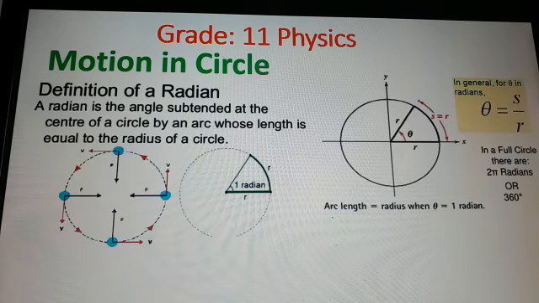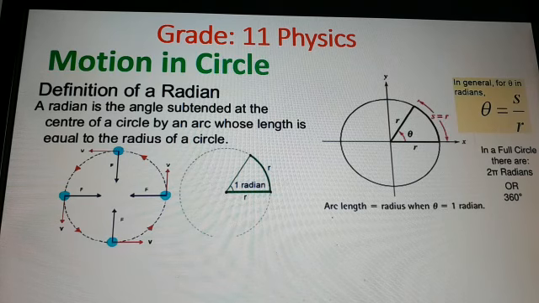Here in circular motion we measure the angles in radians. The angle of a complete circle is 360 degrees. According to circular motion, one radian is defined as the angle subtended at the center of a circle by an arc equal in length to the radius of the circle.